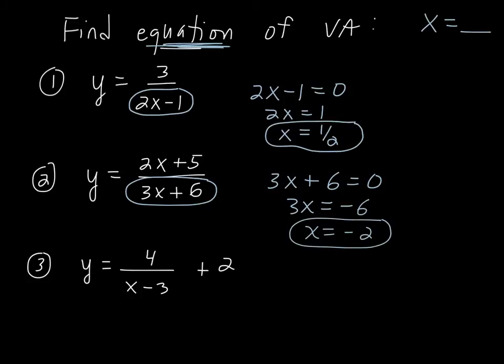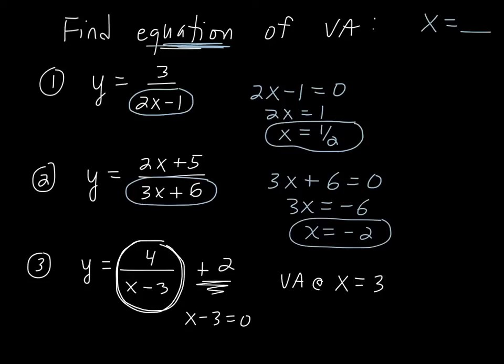Okay. And our last example here, we have this function that, if we look at this 4 over x minus 3, we have that function with a 2 added on here at the end. So if we were to just focus on this 4 over x minus 3 piece, we know that we would have a VA at x equals 3, right? Because you would take that denominator, set it equal to 0, and you get x equals 3.